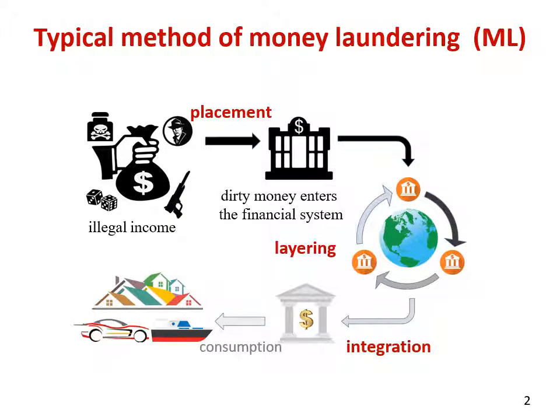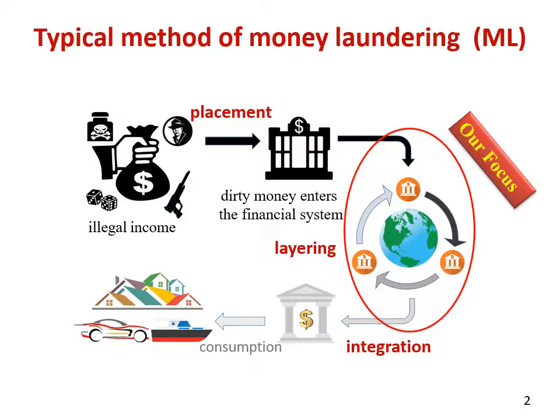Placement puts the dirty money into the legitimate financial system. Layering conceals the source of the money through a series of transactions. In the final step, integration, illegal money is withdrawn from the legitimate account to be used for whatever purpose the criminal has in mind for it. And we focus on the second step.